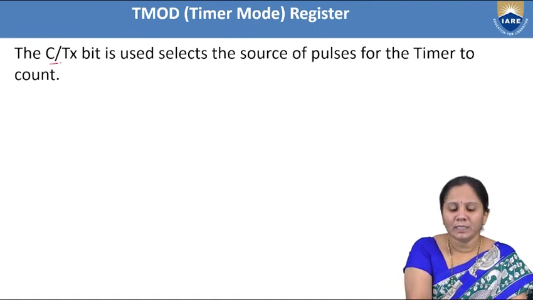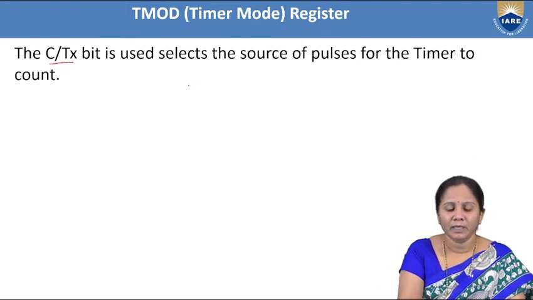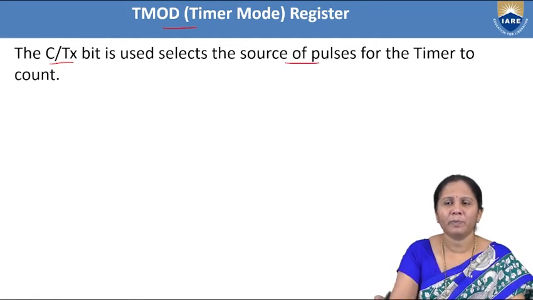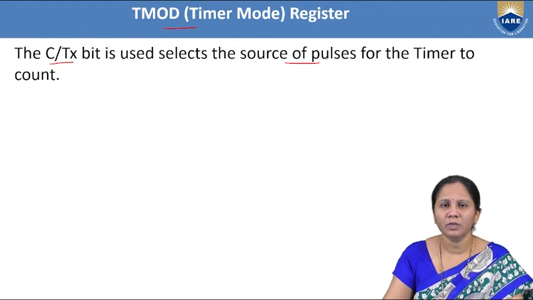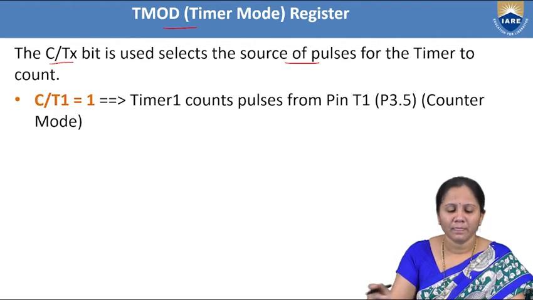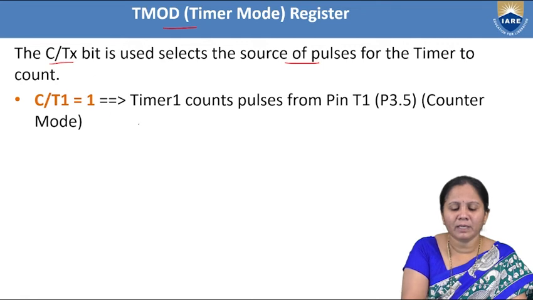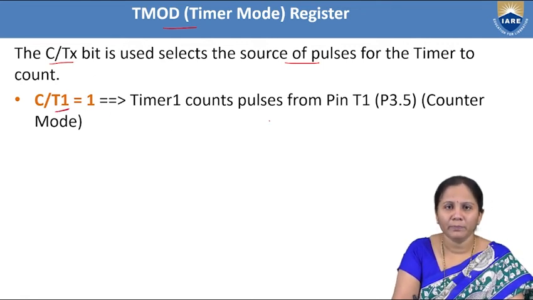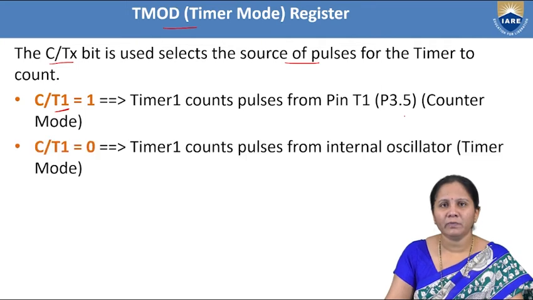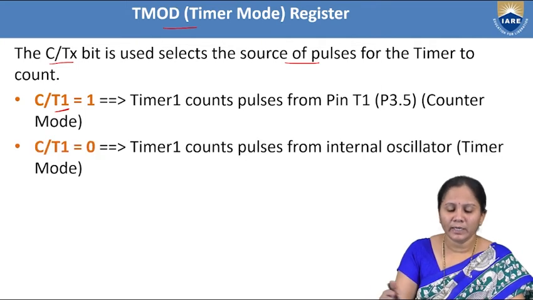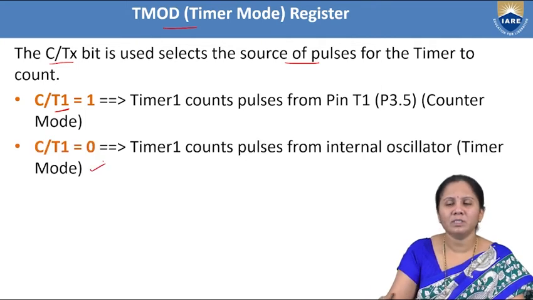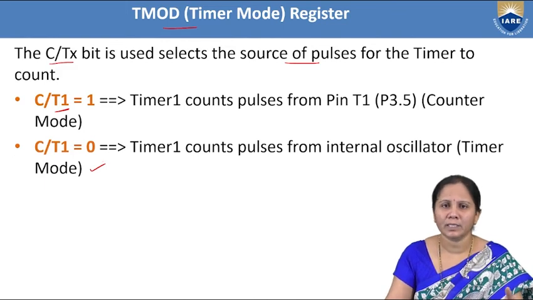And the next bit is the C/TX bit. This bit in the TMOD register is used to select the source of pulses for the timer to count. If the C/T1 bit is set, see here, T1 represents timer 1, so it indicates timer 1 counts pulses from pin T1. If C/T1 is 0, it indicates timer 1 counts the pulses from the internal oscillator.